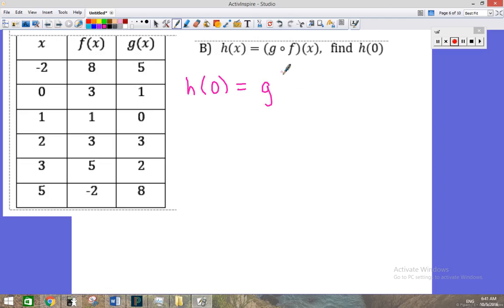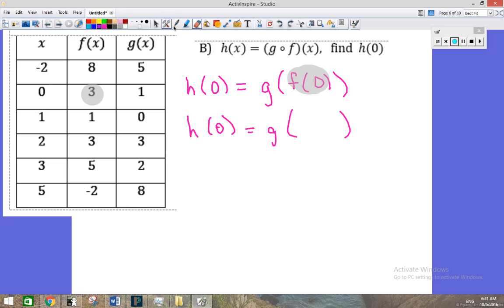That means that we're going to evaluate this composition when x is 0. If we plug 0 into f, what is the output? Alright, so the output is this f at 0. We come in when x is 0, we read that f at 0 is 3.